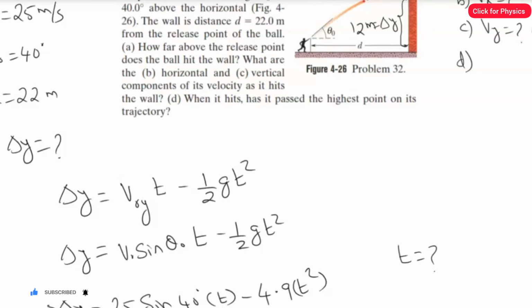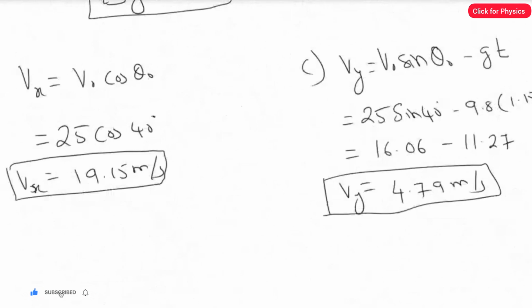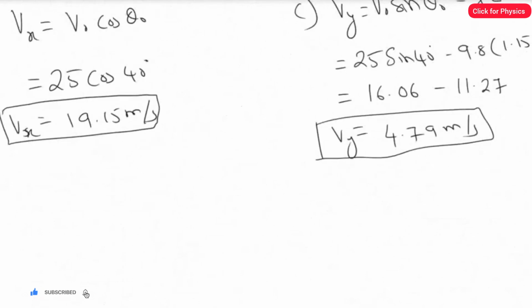In chapter number 4, we studied that when the object reaches the highest point of the trajectory, the velocity component in y is exactly equal to 0. But if you see the answer from part C, we got v of y as 4.79. So that means the ball does not reach its highest point, because when it reaches the highest point, its v of y value should be equal to 0.